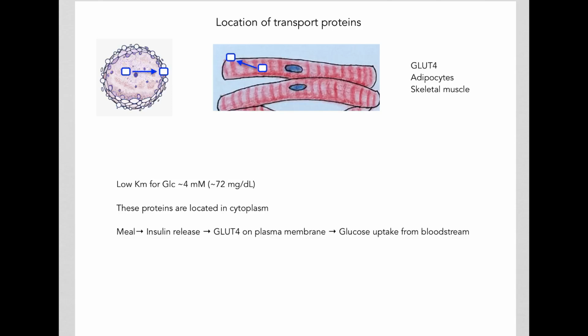However, during starvation periods, the muscle protein as well as the adipocyte GLUT4 will go back into the cytoplasm. So during starvation periods, we do not see GLUT4 on the plasma membrane of adipocytes or skeletal muscles, which means they would not be able to take up the glucose from the bloodstream.